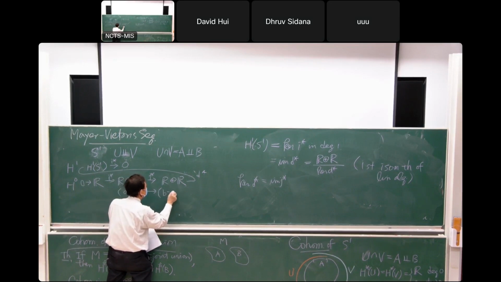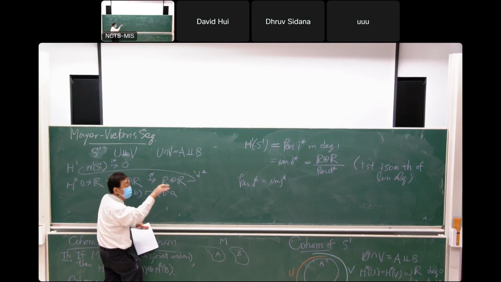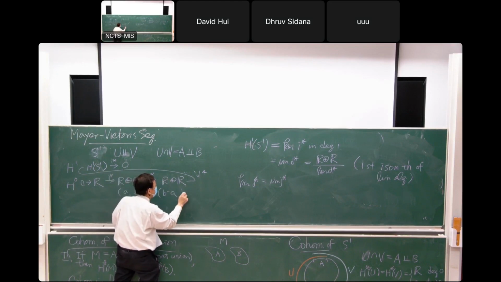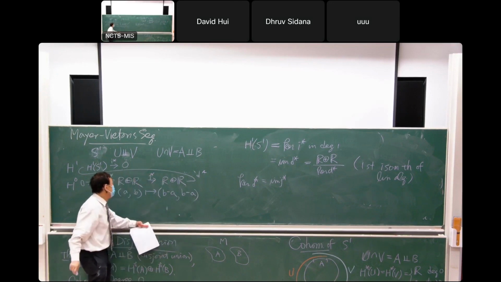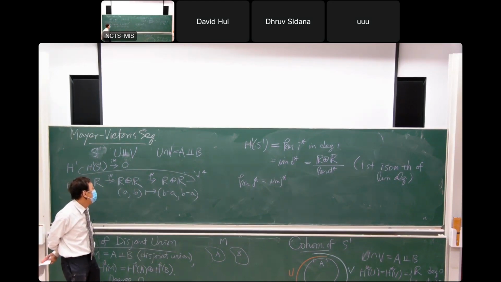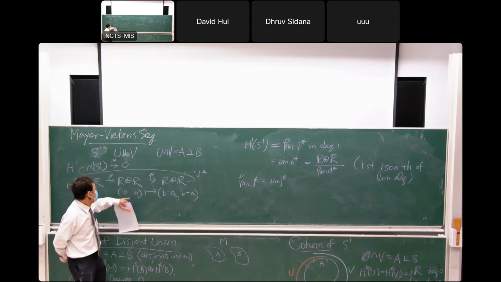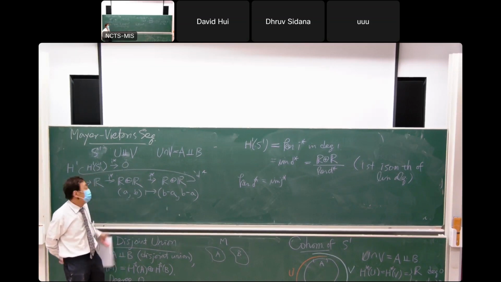So it's b minus a. On each component, it's the difference. b minus a, b minus a, okay? So what is the image of j star?